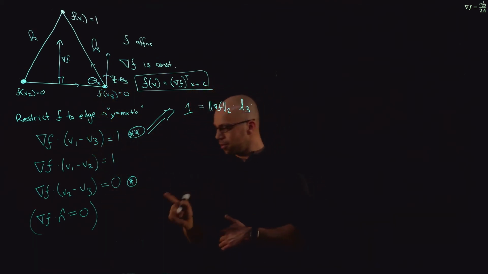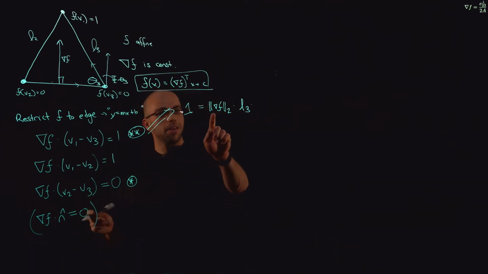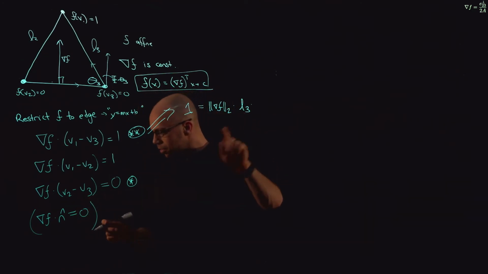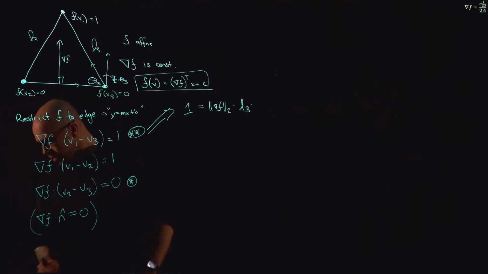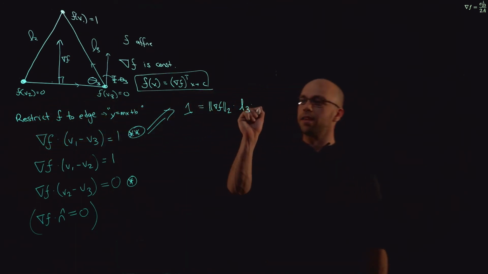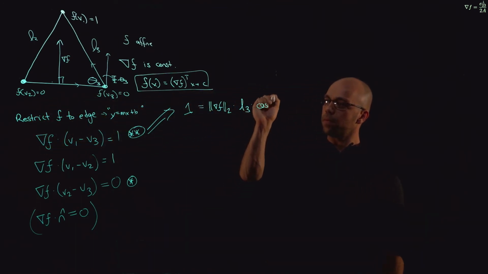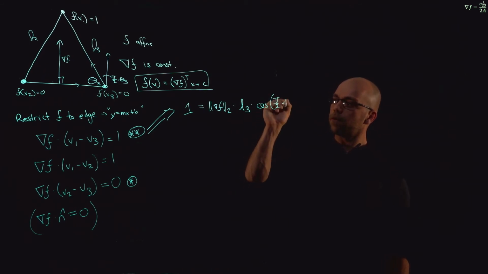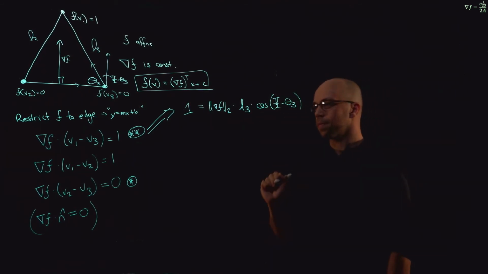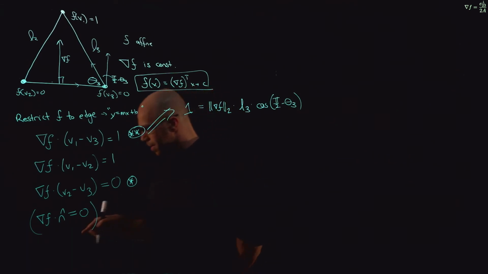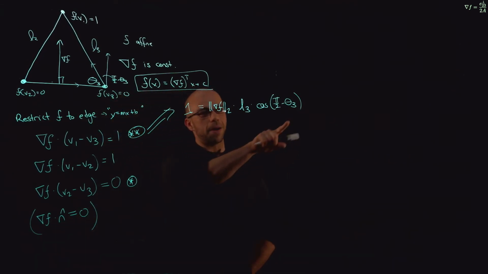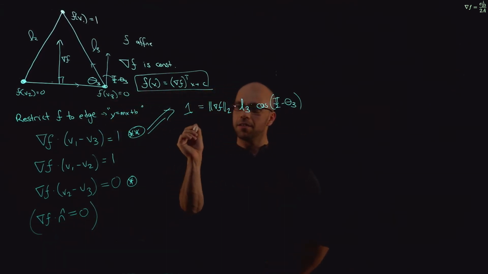Okay, so in particular, we have the norm of the gradient of f times L3 times the cosine of pi over 2 minus theta 3. And thanks to a trigonometric identity, we know that cosine of pi over 2 minus x is sine of x. Let's write that.